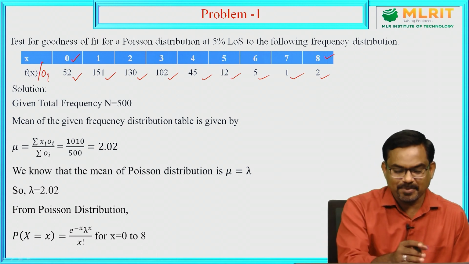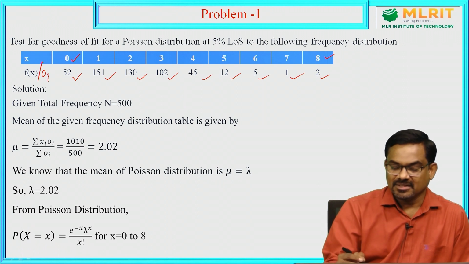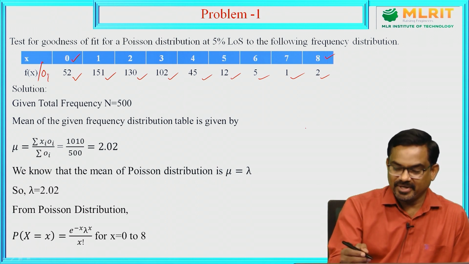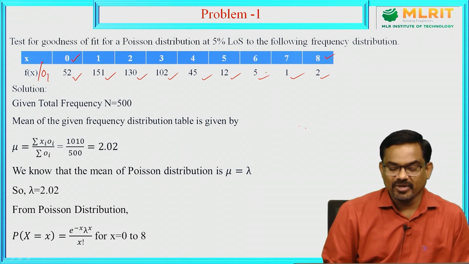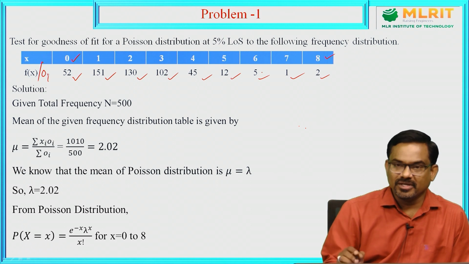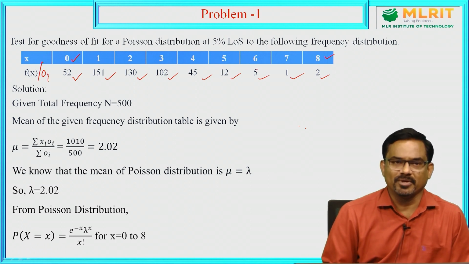So, this is the experimental data given. Now, we need to test whether there exists a good fit between this data and Poisson distribution, so we have to use the Poisson distribution formula to find the corresponding probabilities.